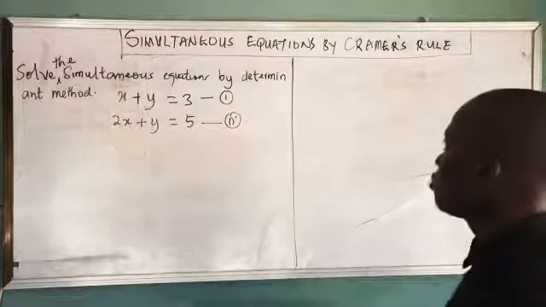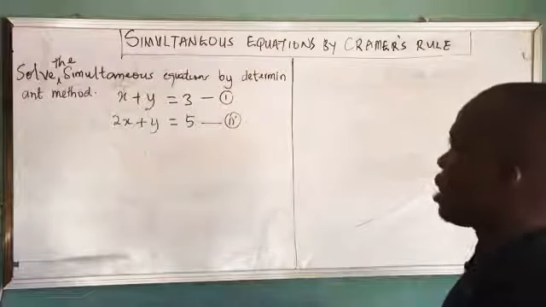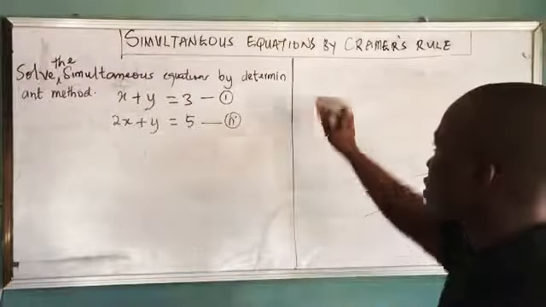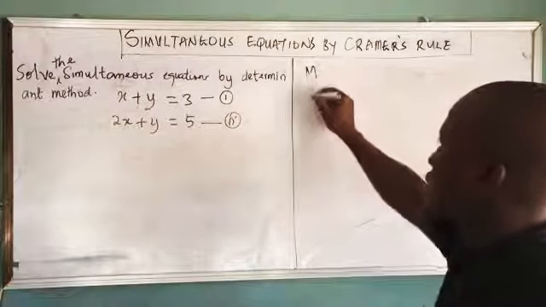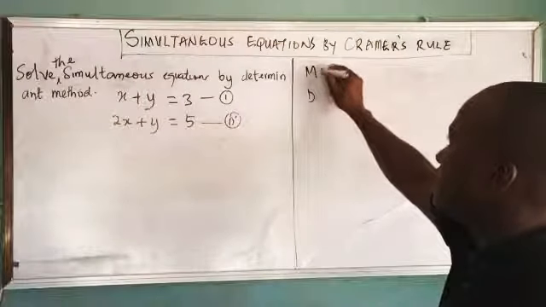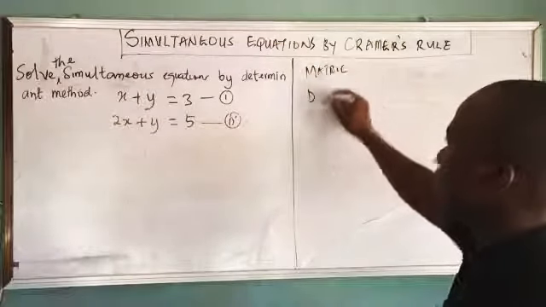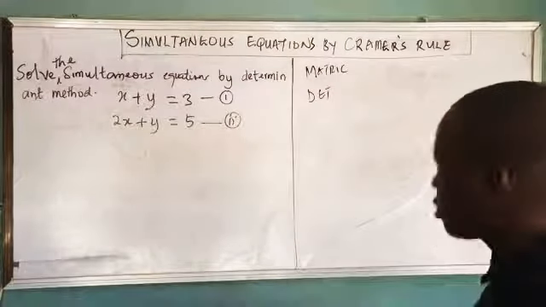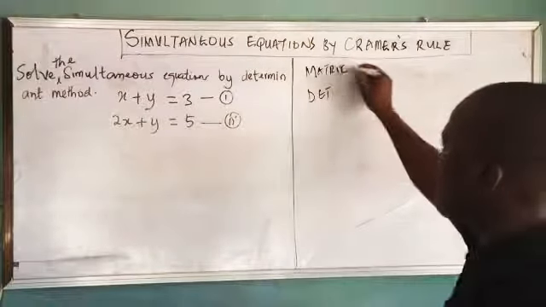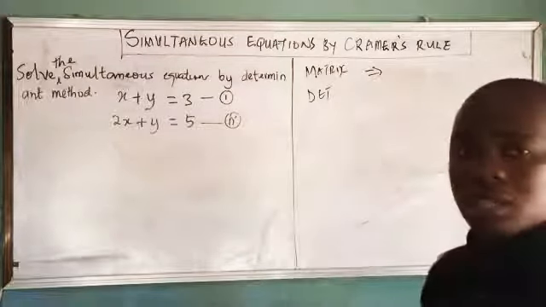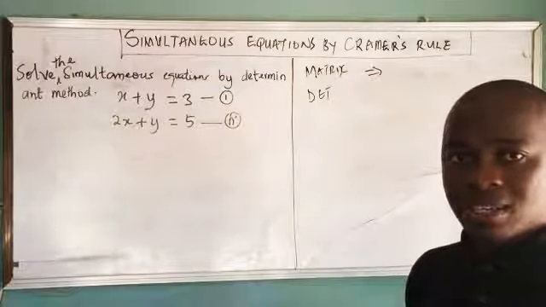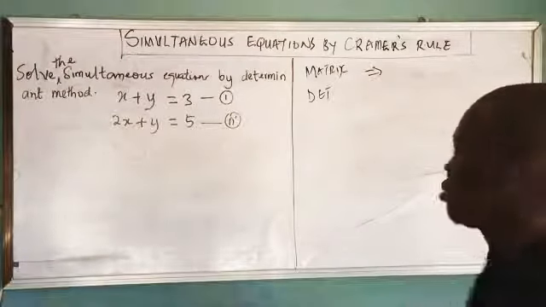If we want to talk about Cramer's rule, I would like to briefly say something about matrix and determinant. So what do you really mean by matrix? A matrix is just a rectangular array of real numbers arranged in rows and columns.